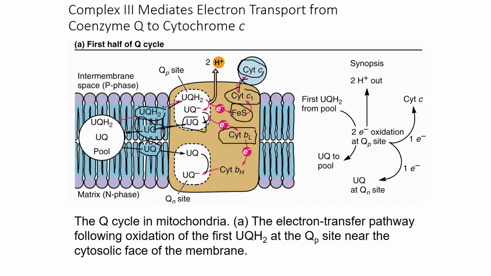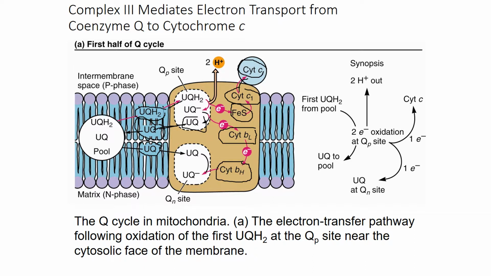That electron is transferred to cytochrome B sub L, which subsequently, I missed this cytochrome, transfers that to cytochrome B sub H. In the second site, this can receive ubiquinone.